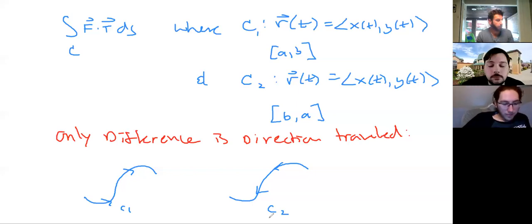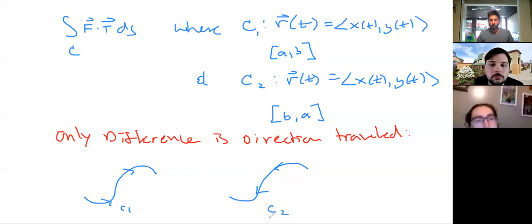So let me say this one more time before I end. What we've just seen is that in Calculus 1, the integral depends only on the values at the endpoints of the interval you're integrating over. What we saw with the line integrals is there's a way to show that a line integral is only dependent on the value of the potential function at the endpoints of the curve.